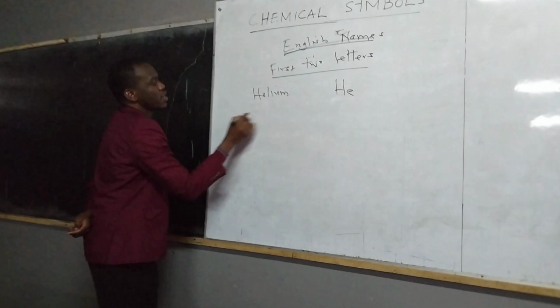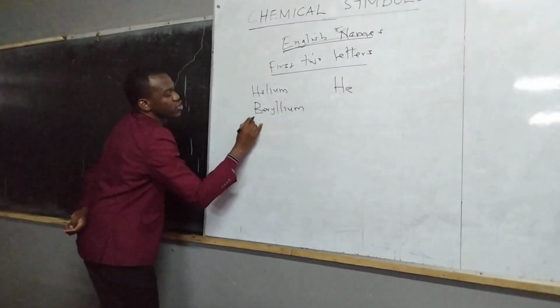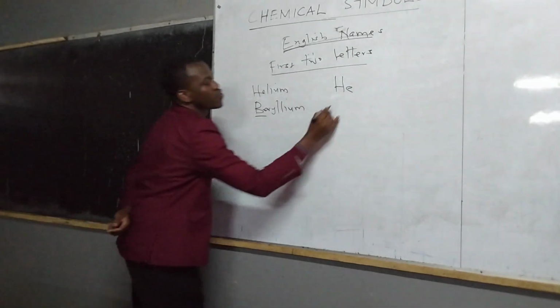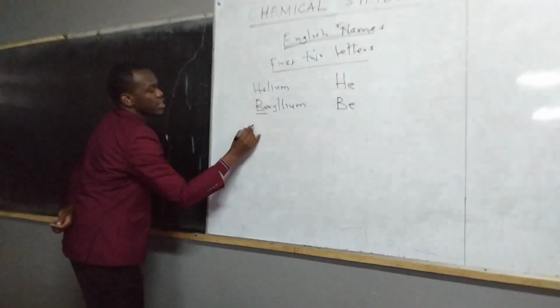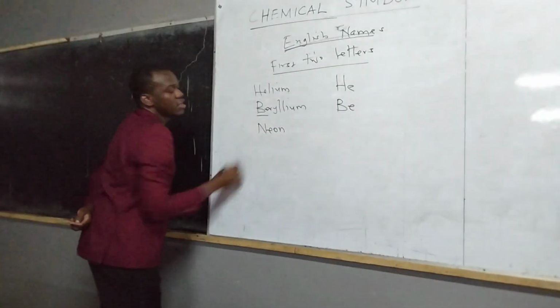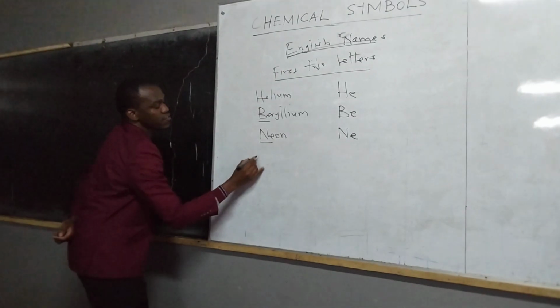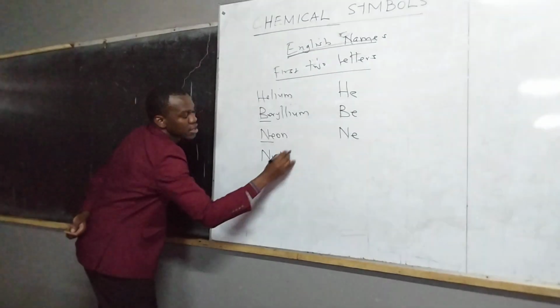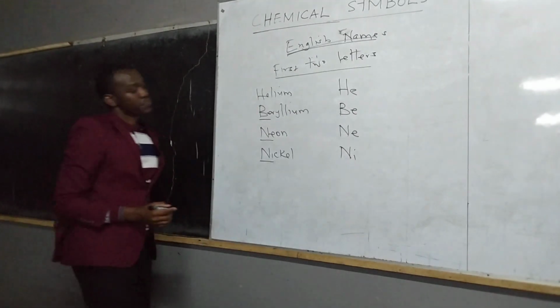Then we have another one like beryllium. Beryllium, we also take the first two letters, so it has a chemical symbol of Be. Then we have neon. We also take the first two letters, that is Ne. We have others like nickel. We take the first two letters, that is Ni.